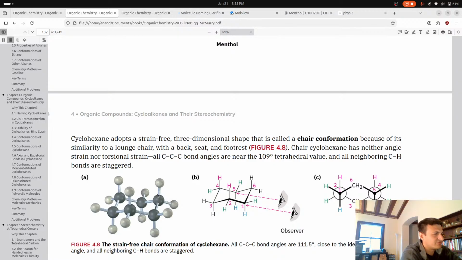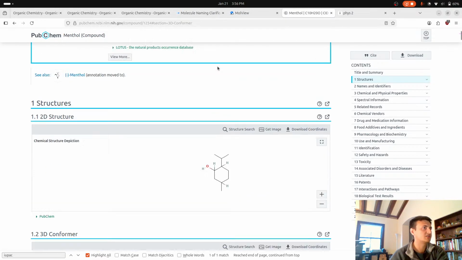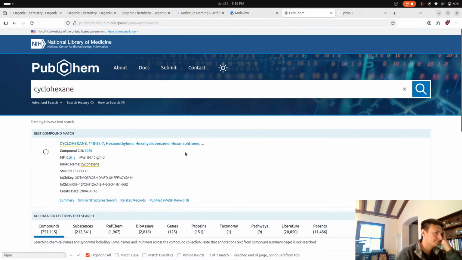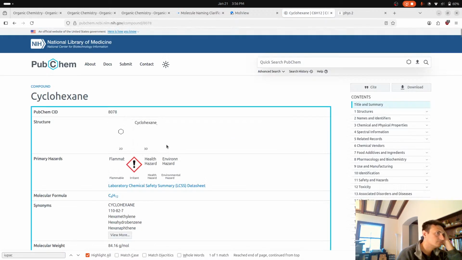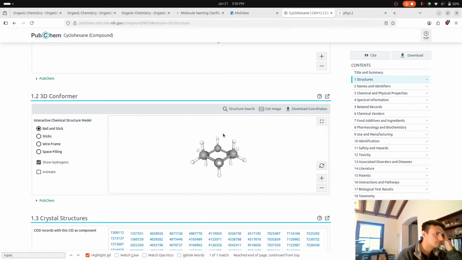Cyclohexane adopts a strain-free three-dimensional shape, which is called a chair conformation because of its similarity to a chair. Let's go to cyclohexane. I don't get how it looks like a chair. Why does it look like a chair?